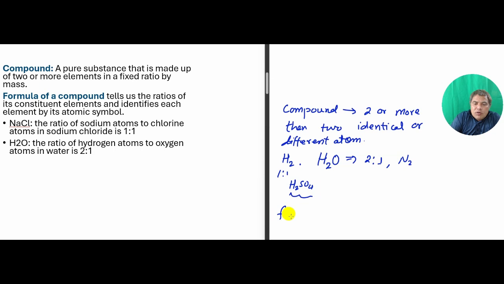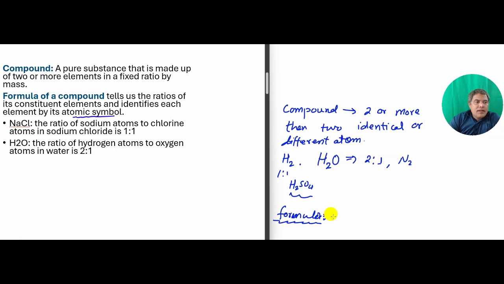The formula of a compound tells us the ratio of its constituent elements and identifies each element by its atomic symbol. The formulas are written with the element symbols and the fixed ratio.